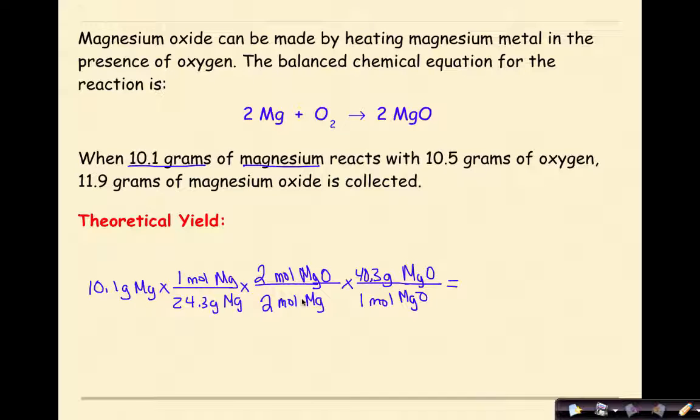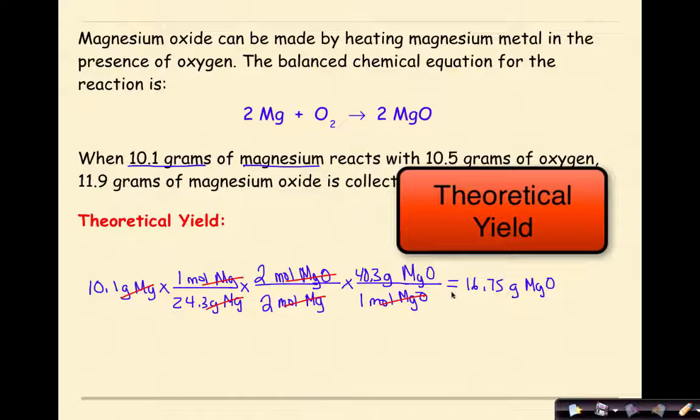Before I do my math, I'm going to go back and check my units. Grams, grams, moles, moles, moles of MgO, moles of MgO. I'm left with mass of MgO. And if I work this out, I should get 16.75 grams of MgO.